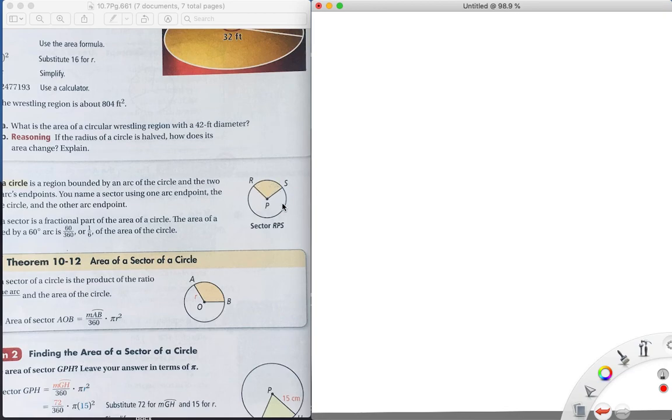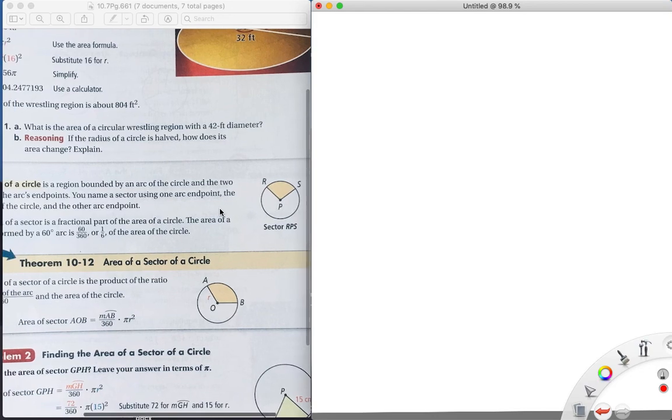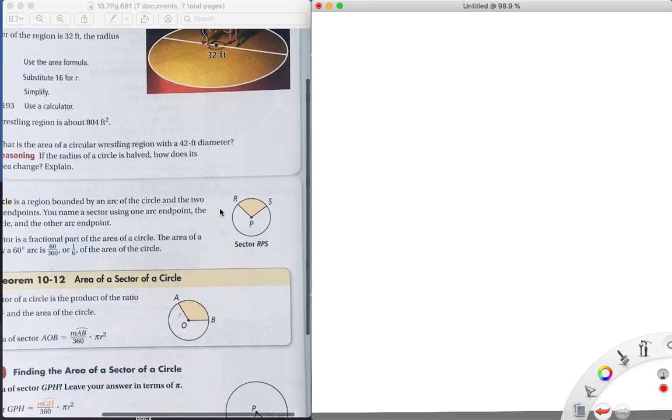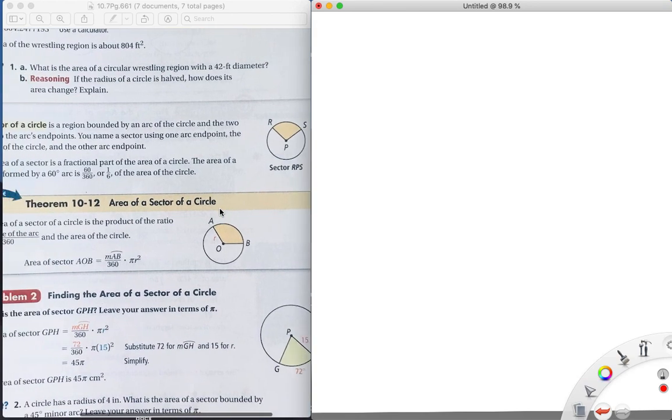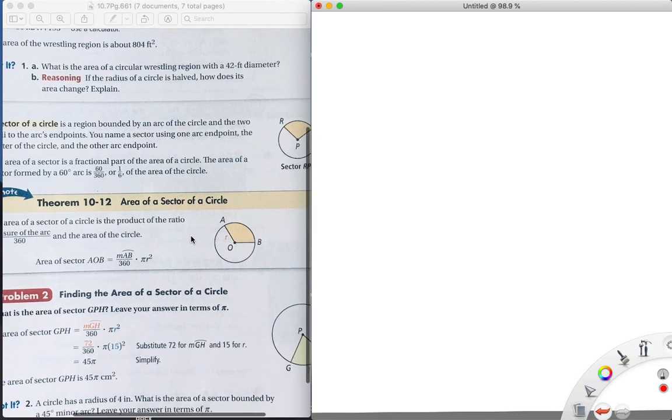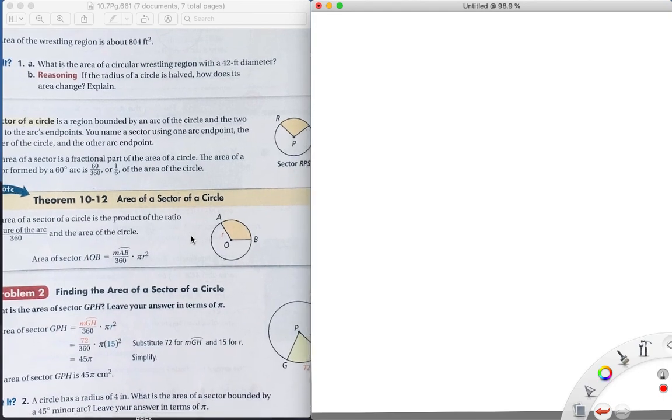So if we remember, the area of a circle is pi r squared. The sector is going to be some particular fraction of that pi r squared. In this case, they give us an equation where it says the area of the sector is equal to the measure of arc, in this particular example, arc AB, over 360.